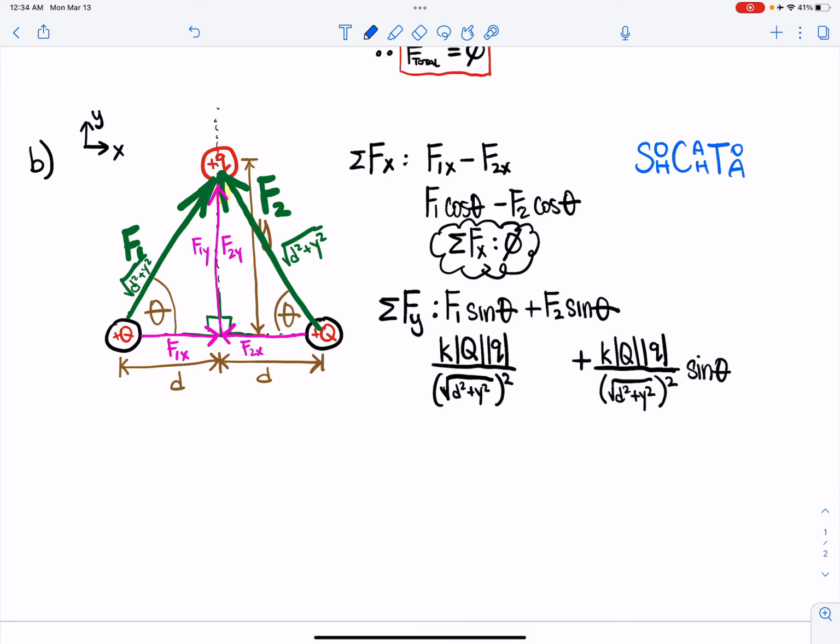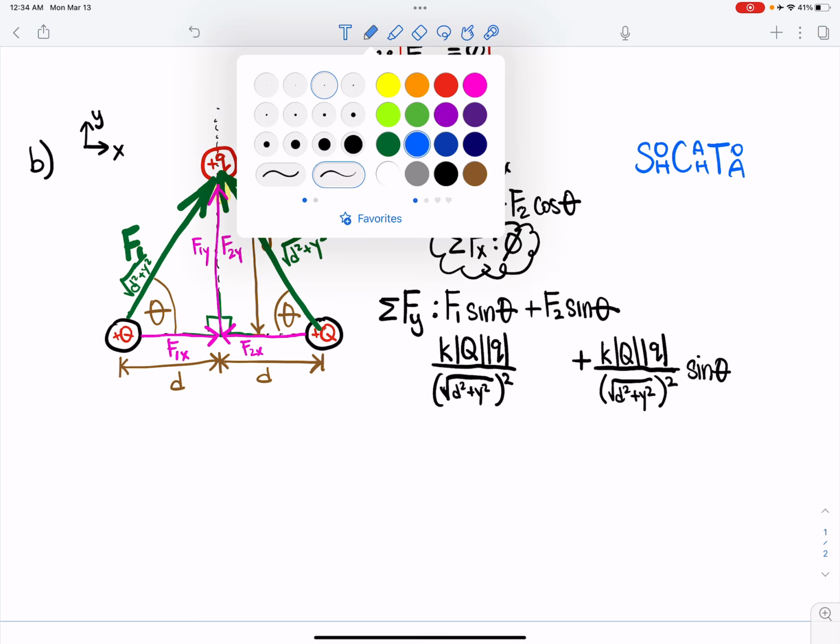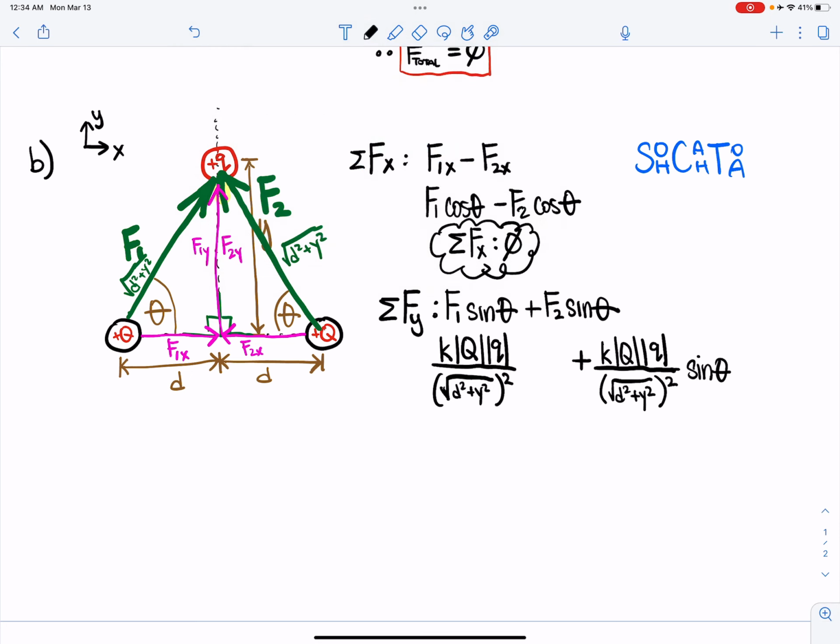So sine of theta, which is this angle, is the opposite, which is y, over the hypotenuse, which is the square root of d squared plus y squared.